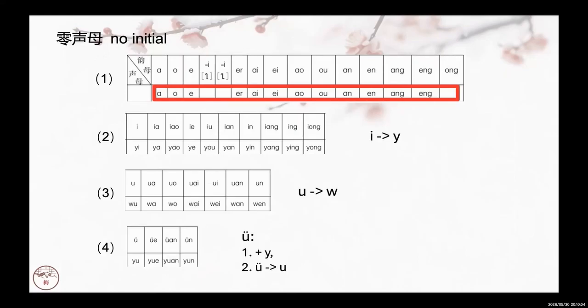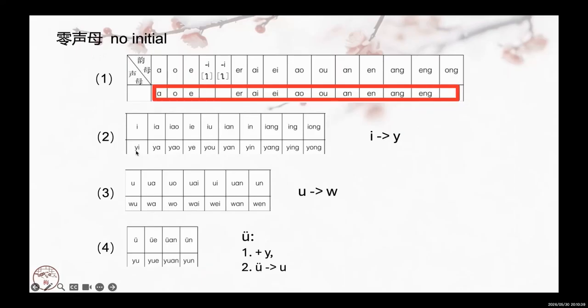Okay, no initial. This is very important in the spelling of the pronunciation. I just want to introduce this to you. Maybe you already noticed something and you may be confused about it, because you also see the initial part, right?